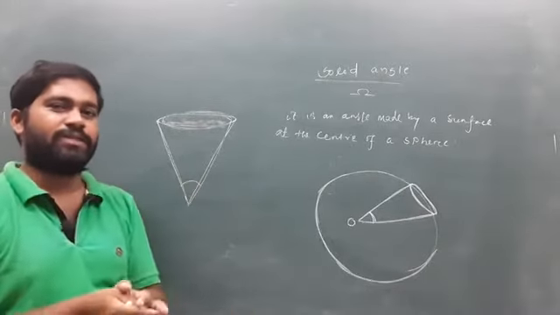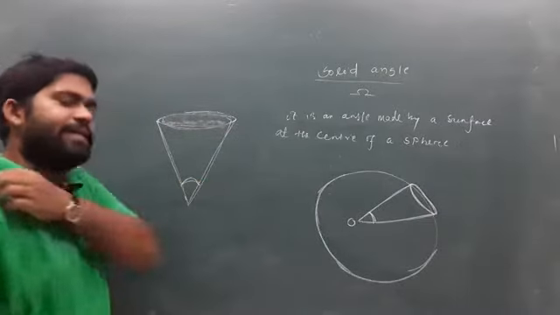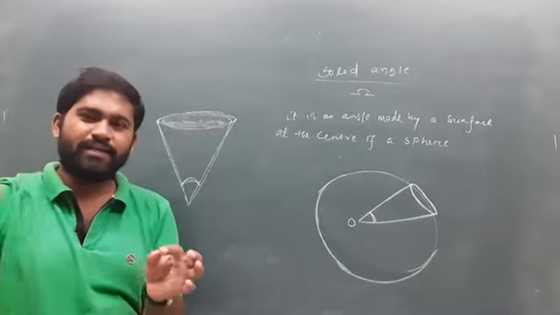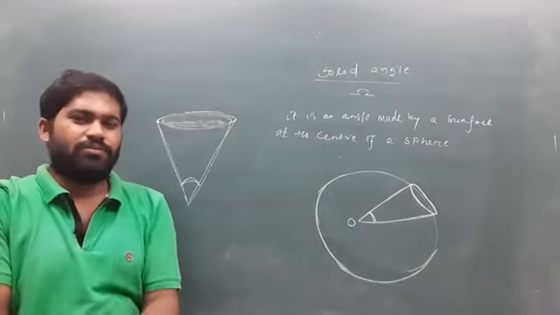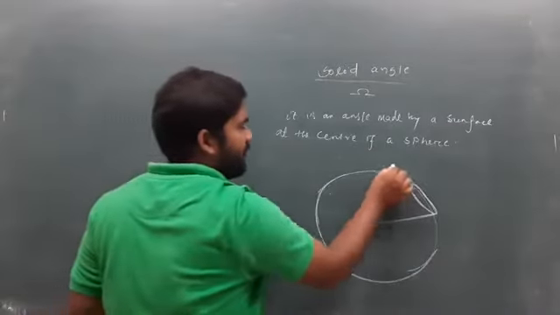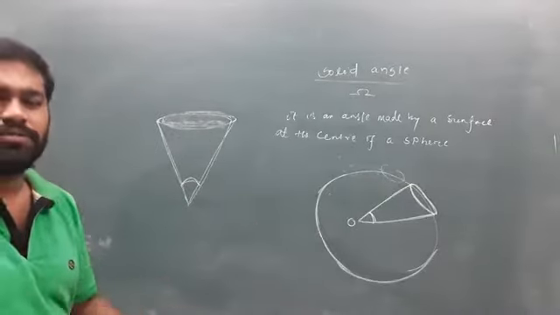So that angle is called a solid angle. And if we mark all the region of the sphere, then we can make the total solid angle.